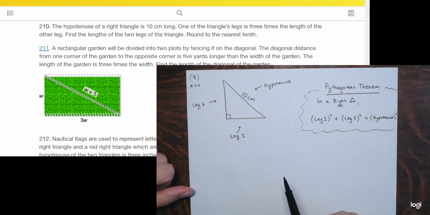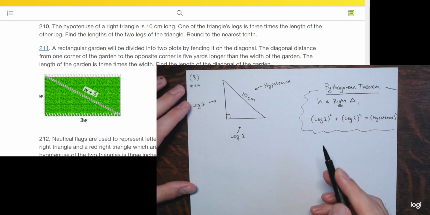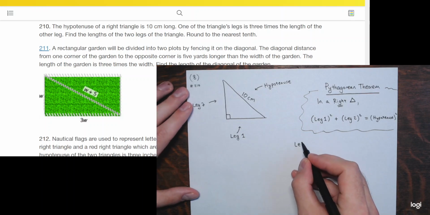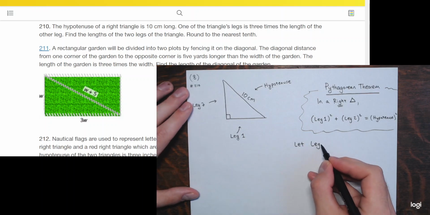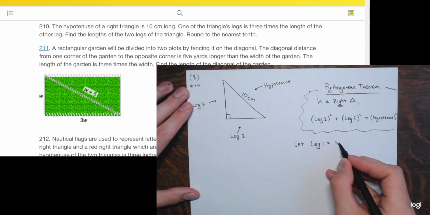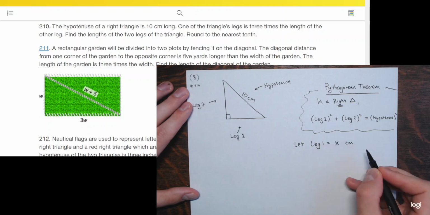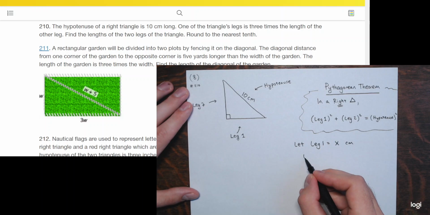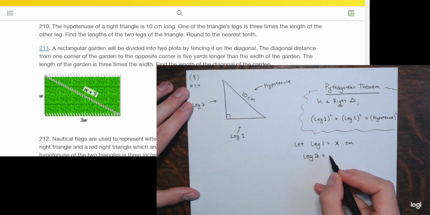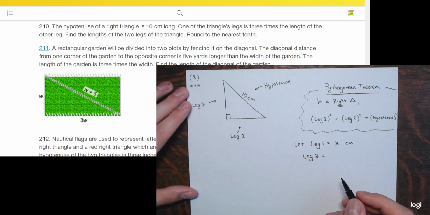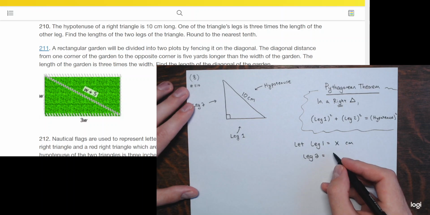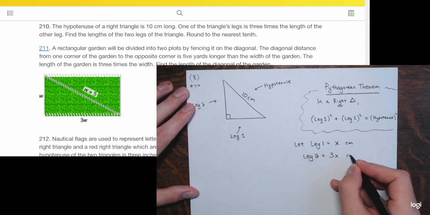All right. Now, they told us one of the triangle's legs is 3 times the length of the other one. So I'm going to let leg 1 be x centimeters long, and leg 2 is 3 times that. One leg is 3 times the length of the other leg, so 3 times x centimeters.